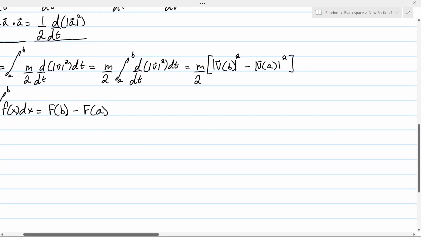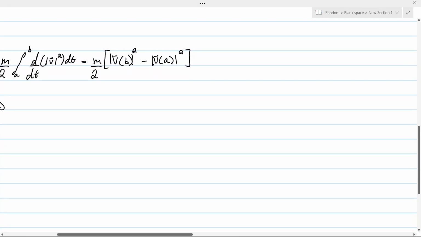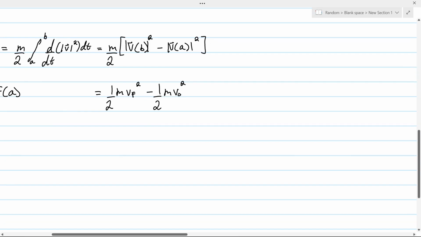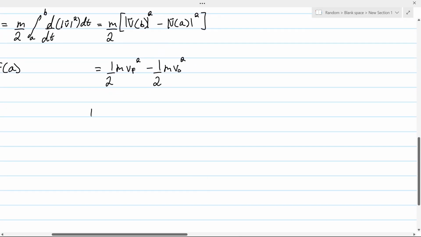Vectors. Then, rewriting this in a more familiar way, I can say this is 1/2 m v_f squared minus 1/2 m v naught squared. So now we can see that work is equal to a change in kinetic energy.